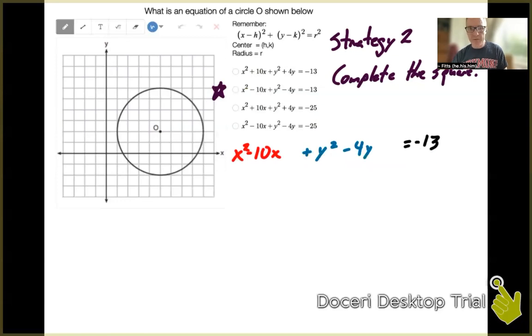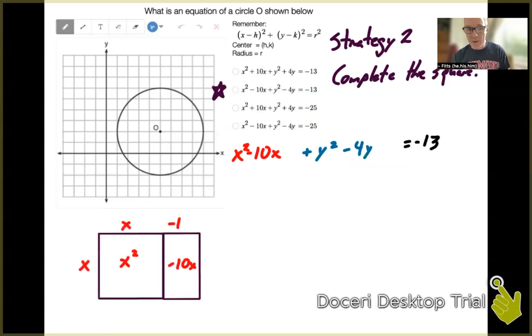So how completing the square works, I'm just going to use this area model again. x times x, that's my x squared term. And then my negative 10x term is right here in this rectangle. So I'm going to take this negative 10x and slice it in half, and move half of this rectangle down here. I could write that as negative 5x, negative 5x, but you don't have to.